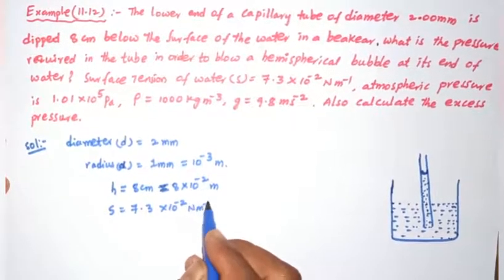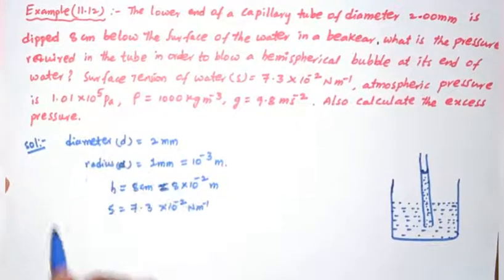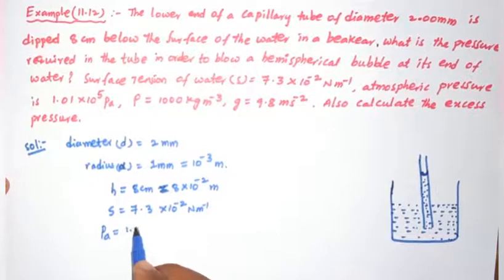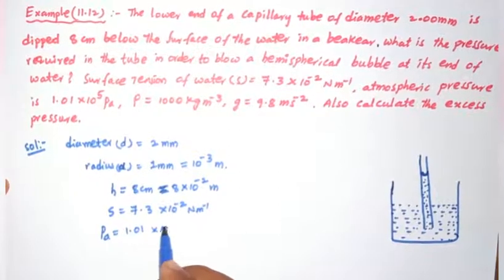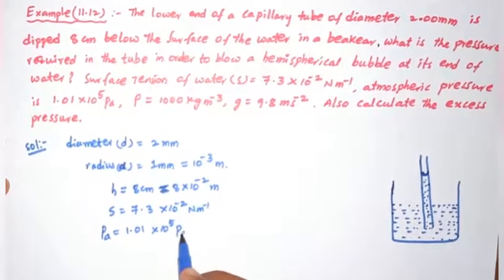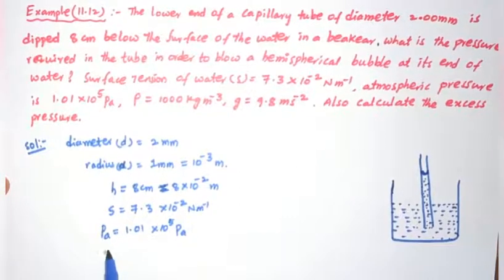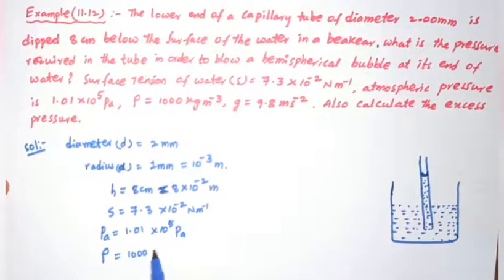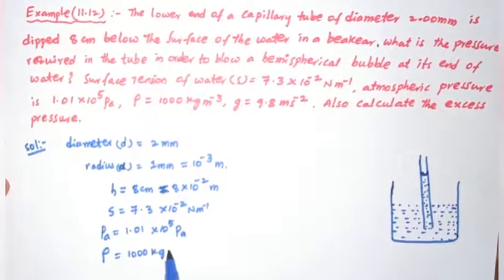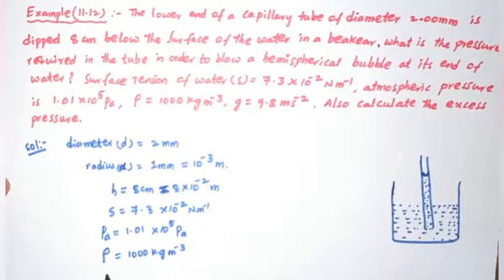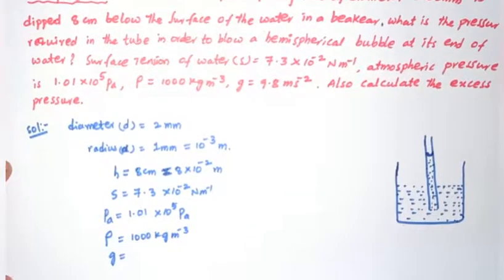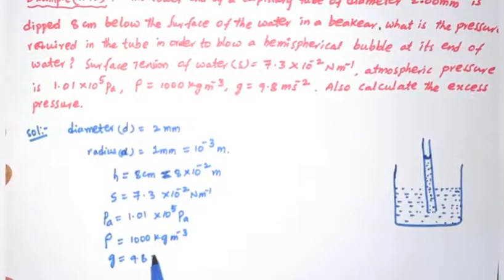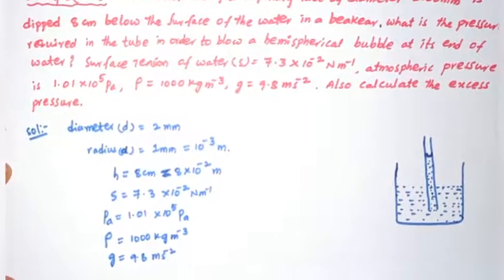Newton per meter, atmospheric pressure PA equals 1.01 into 10 to the power of 5 Pascal, density of water rho equals 1000 kilogram per meter cube, and acceleration due to gravity g equals 9.8 meter per second square.